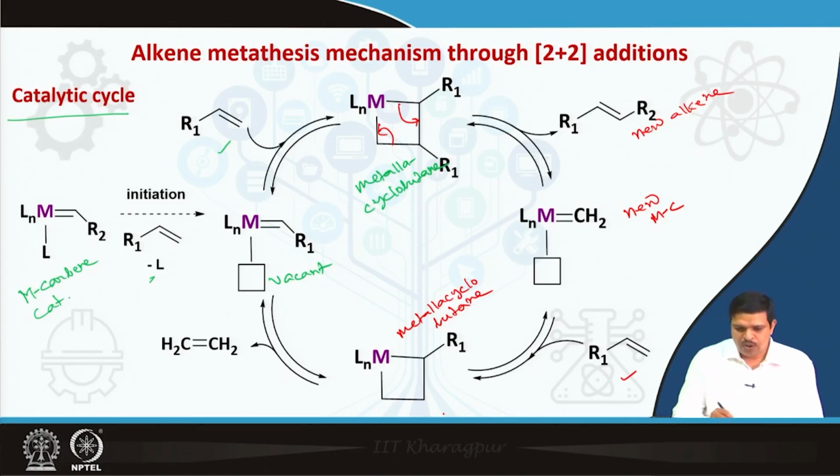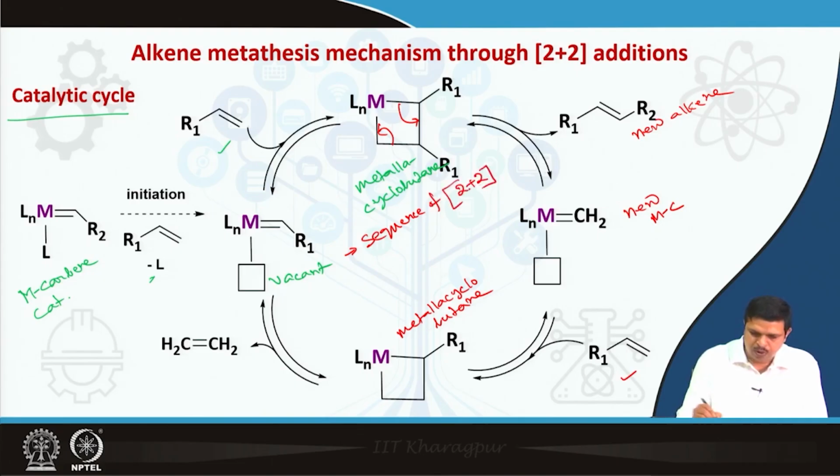That's why you will see that the alkene metathesis catalytic cycle is basically a sequence of 2+2 cycloaddition and cycloreversion.